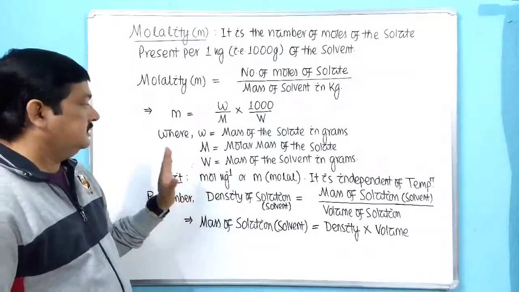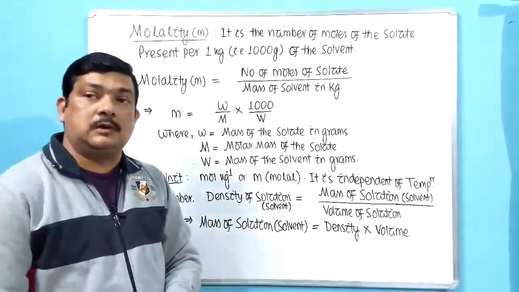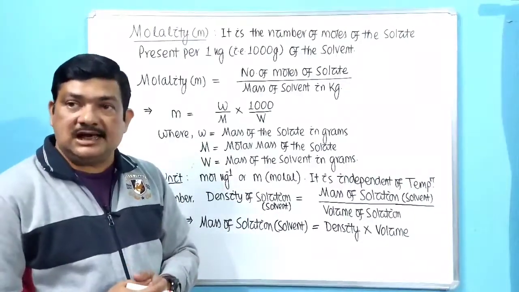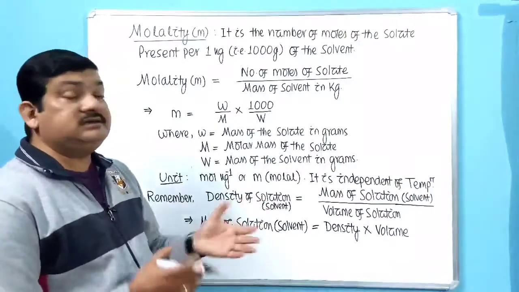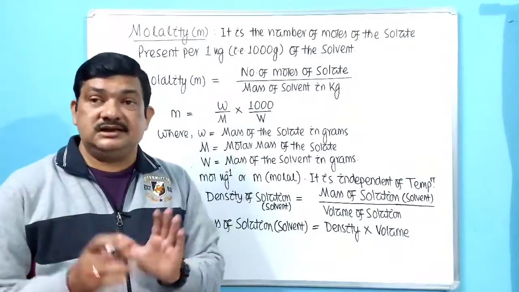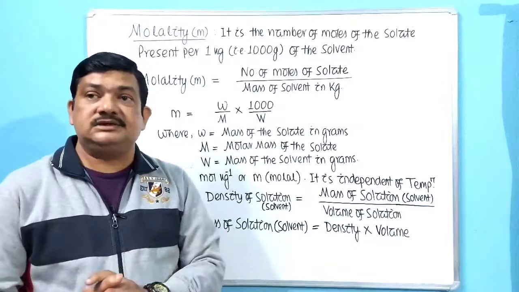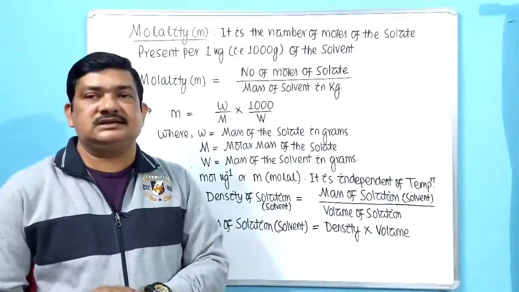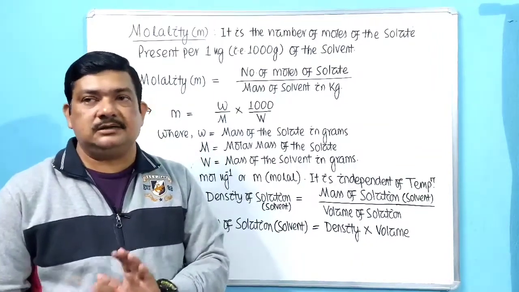Then what will be the unit? Mole per kg, or molal. Small m means molal, capital M was molar. Okay, it is independent of temperature. That is another important aspect, because here mass is involved. Mass does not change with temperature, but the volume does. In other cases we are discussing volume of the solution, so they were temperature dependent.